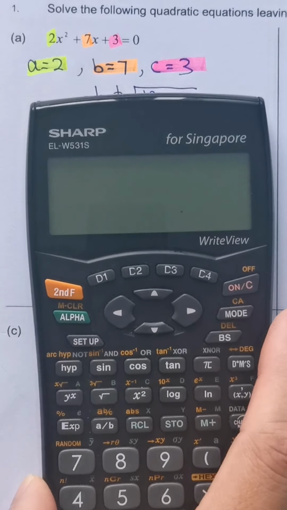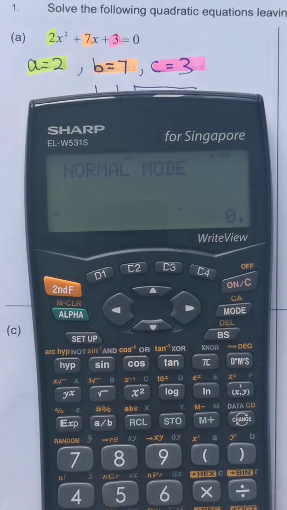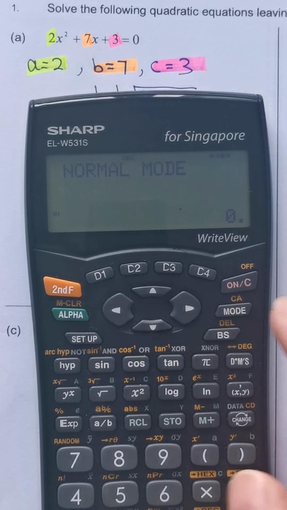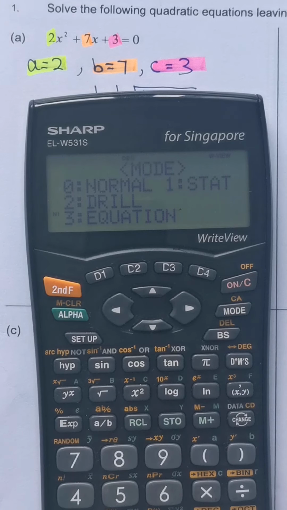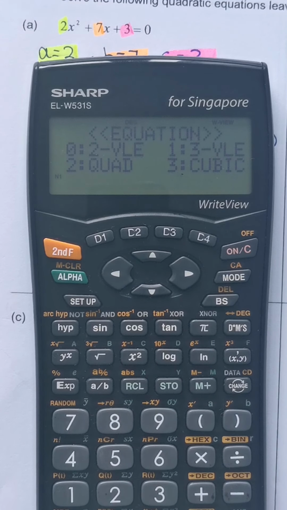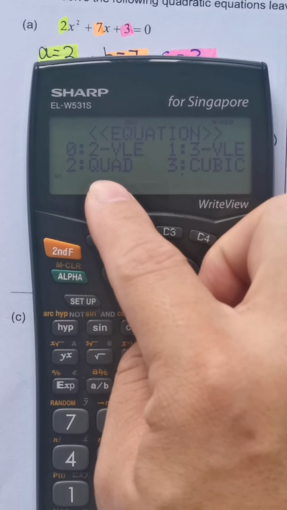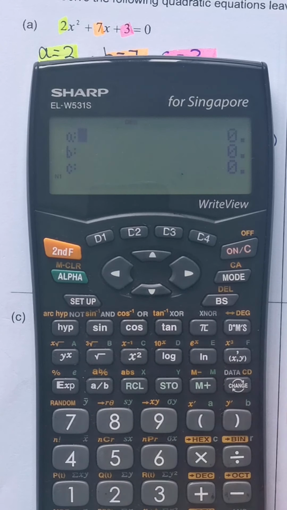In your calculator, there is a function called the quadratic equation. How do you call out this function? Look for the mode button and press it. In my calculator, you notice that number 3 is equation, so I press 3. This is the quadratic equation, and I'm solving a quadratic equation now, so I press 2.